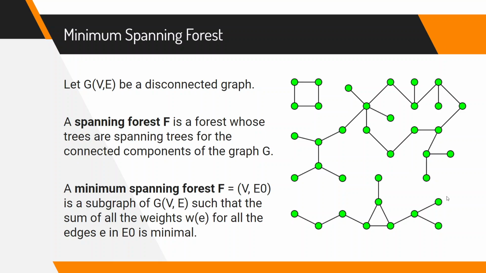Each of these components can be shown to have a minimum spanning tree. For example, in the first we have this, and so on. The combination of all these edges will form E0 for all the vertices V. Combining all these minimum spanning trees for each disconnected component, we will get a minimum spanning forest.